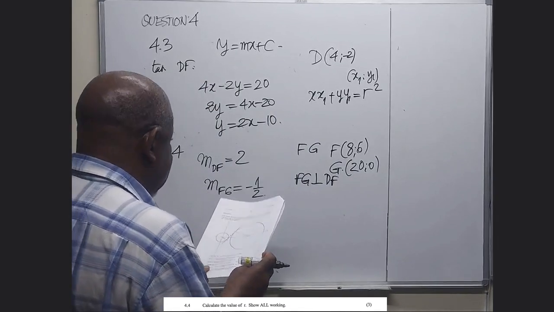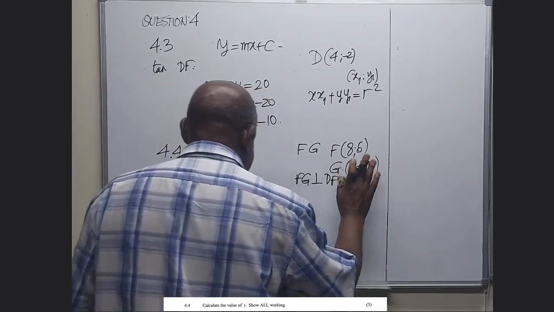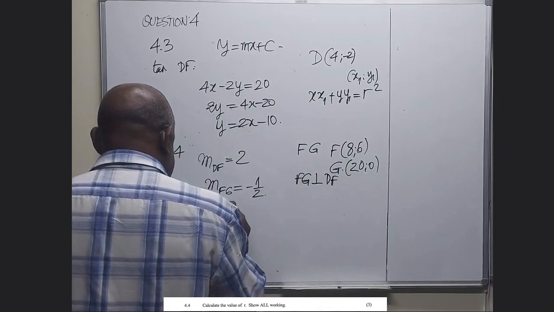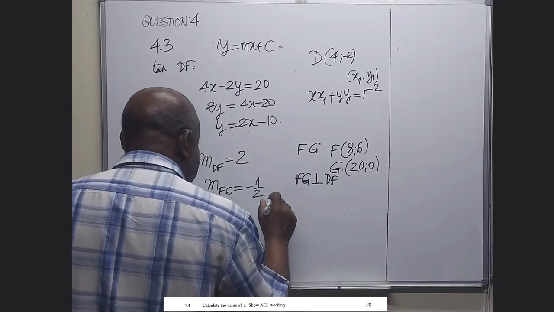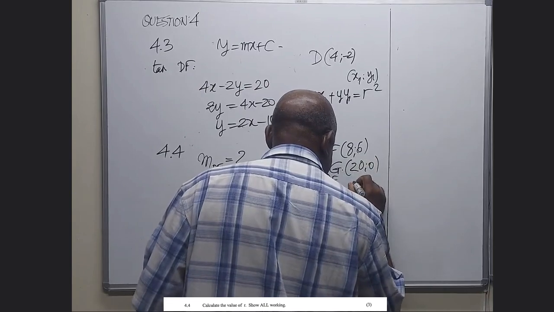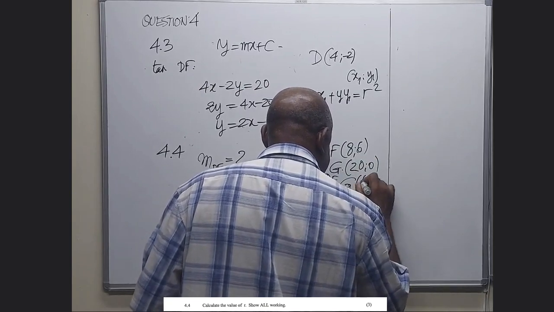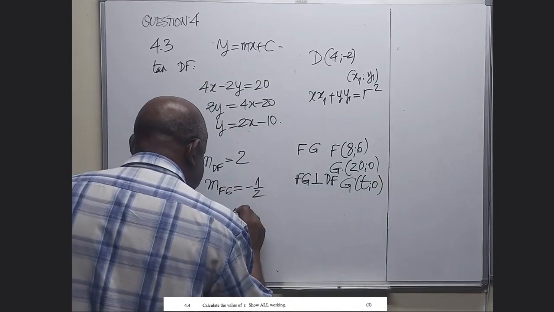So what are we going to do? We're going to consider the gradient of FG. We don't know the value of G yet. So G is (t, 0).